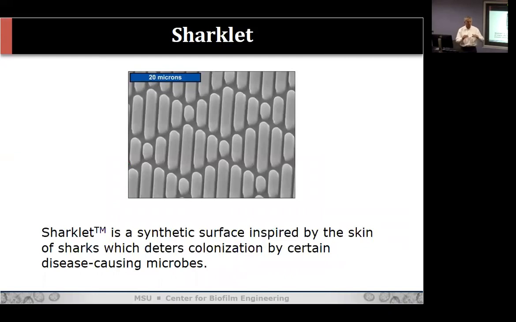The structure of those surfaces is inspired by the structure of shark skin, and you can imagine that this would be a kind of material that we might want to examine for the presence, amount of microscopic surface. But certainly, if materials like this end up being effective at reducing biofilm accumulation, they could be very attractive. For example, in a medical device application, would help reduce the infection associated with the catheter, for example.